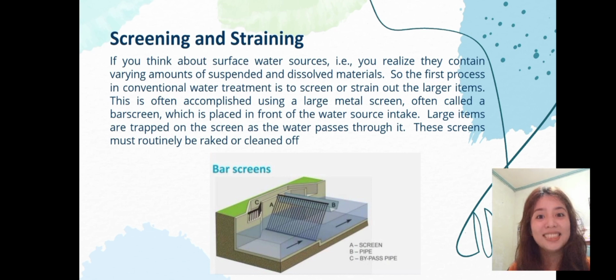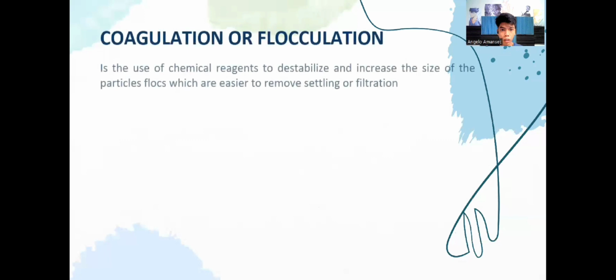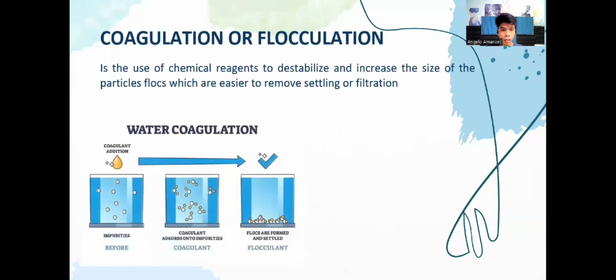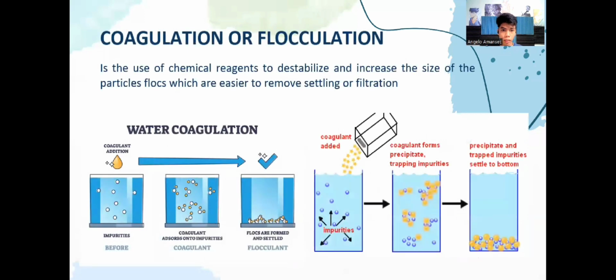Thank you for listening. I am Angelo de Amansek, and to continue our report, I will now discuss the coagulation or flocculation. This is the use of chemical reagents to destabilize and increase the size of the particles, called flocs, which are easier to remove by settling or filtration. The process involves adding iron or aluminum salts.